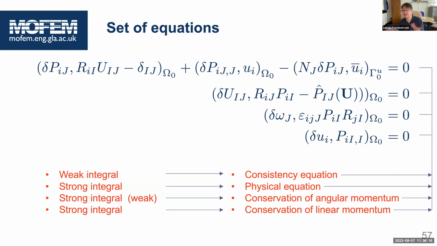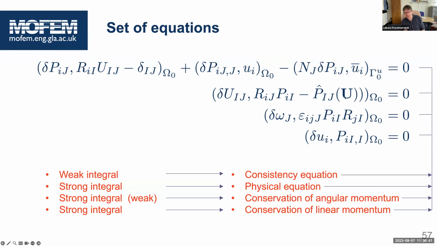From the other hand, I want to approximate the Piola-Kirchhoff momentum flux, like heat flux, and those two things have to be equal to each other. This equation I will call the physical equation.